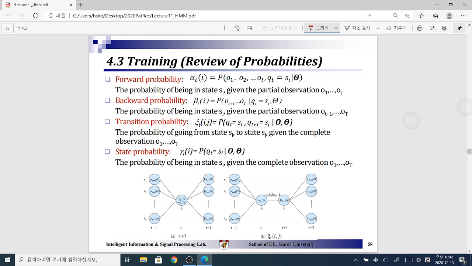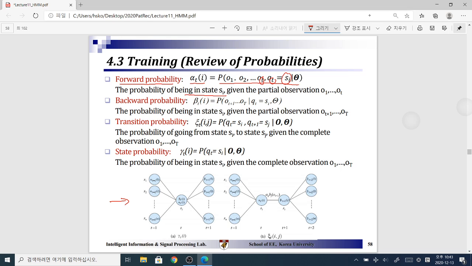Okay, so just to review the probabilities with respect to the picture that we've had using the trellis diagram. The forward probability, if you can recall, was denoted by alpha sub t of i, which essentially is the probability of all the observation sequence up until t, for being in state s of i at time t.